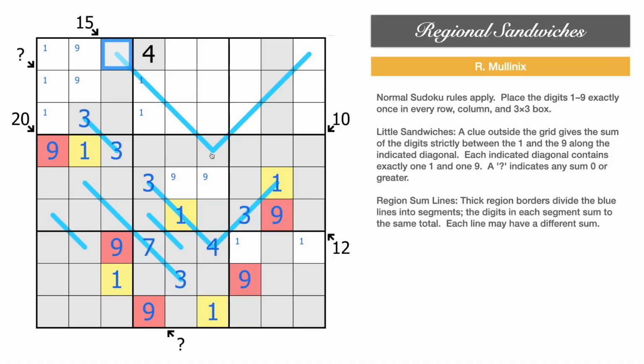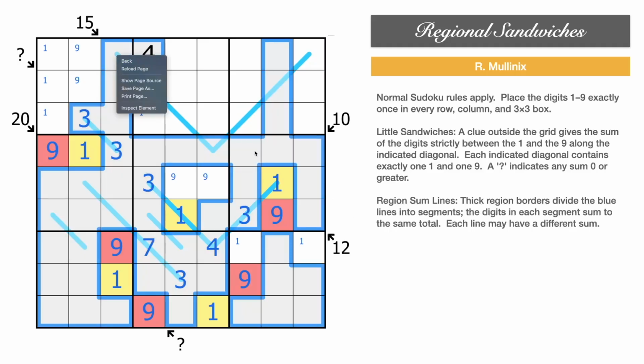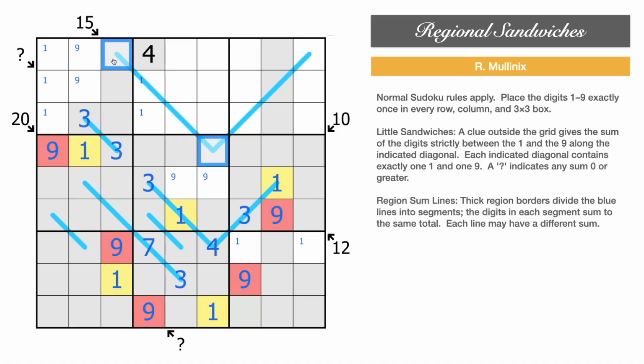In fact, let's look at these possible digits. And because there's 3 cells in this region on that line, this has to be at least a 6. And it can't be a 9 because of Sudoku. So 1 has to be somewhere on here because this has to sum to 6, 7, 8, or 9. Now let's look at this line here, and this is the diagonal here.